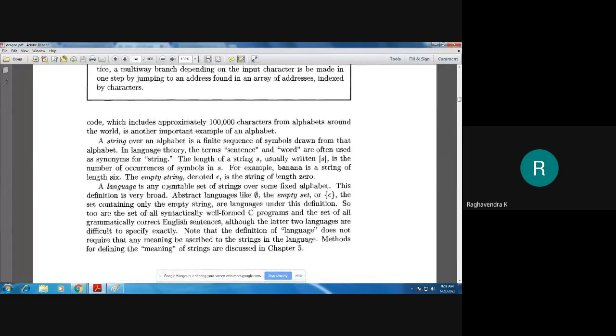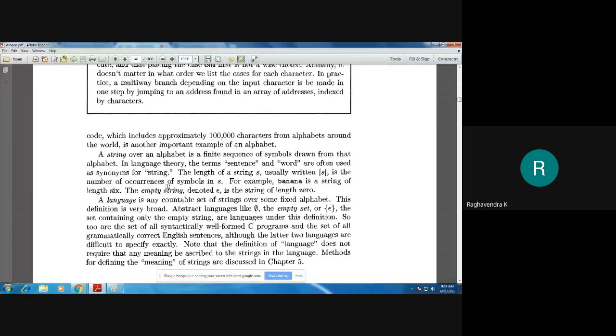Now, using the definition of alphabet, let us define a string. A string over an alphabet is a finite sequence of symbols drawn from that particular alphabet. Or you can simply put it as a finite sequence of symbols, or a collection of alphabets.